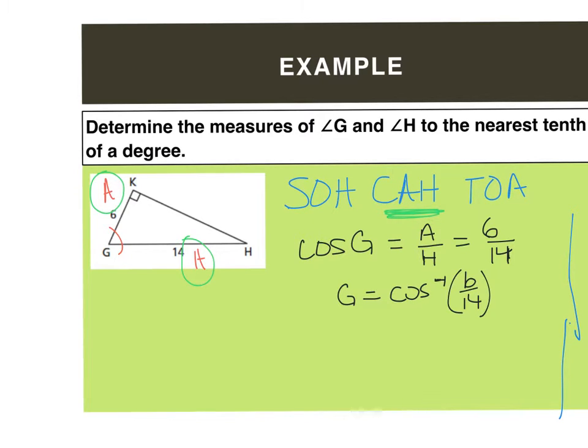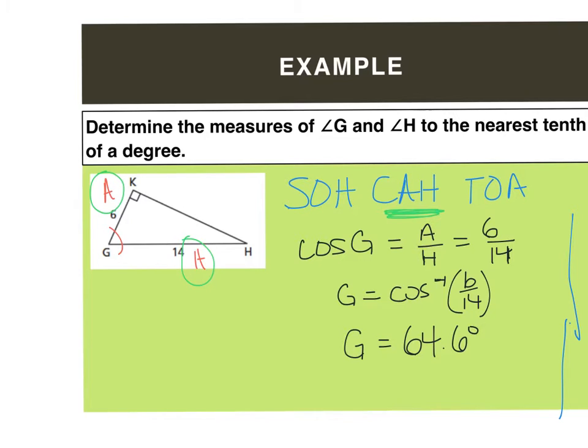It would all be the same. So I go second cosine, 6 over 14, and I get 64.6 degrees. And that's G, 64.6. We did it.